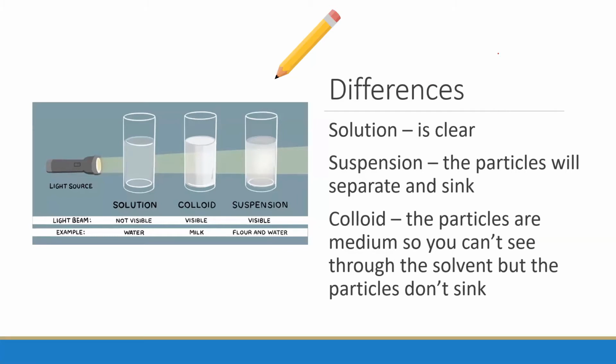If I was to shine a light through a solution, you would not be able to see the beam of light. You would just go straight through the water. If you had a laser and you shone it through water, you would not be able to see the laser beam. What about eye drops? Yeah, I think eye drops are solutions, so you wouldn't be able to see it.